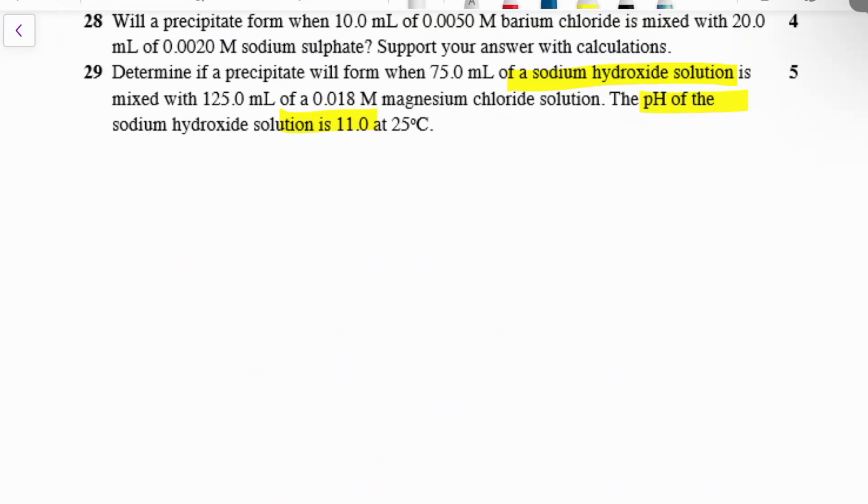Step number 1, write your balanced chemical equation again so that we can figure out what the precipitate is. What is the formula for sodium hydroxide? NaOH. What's the formula for magnesium chloride? MgCl2.